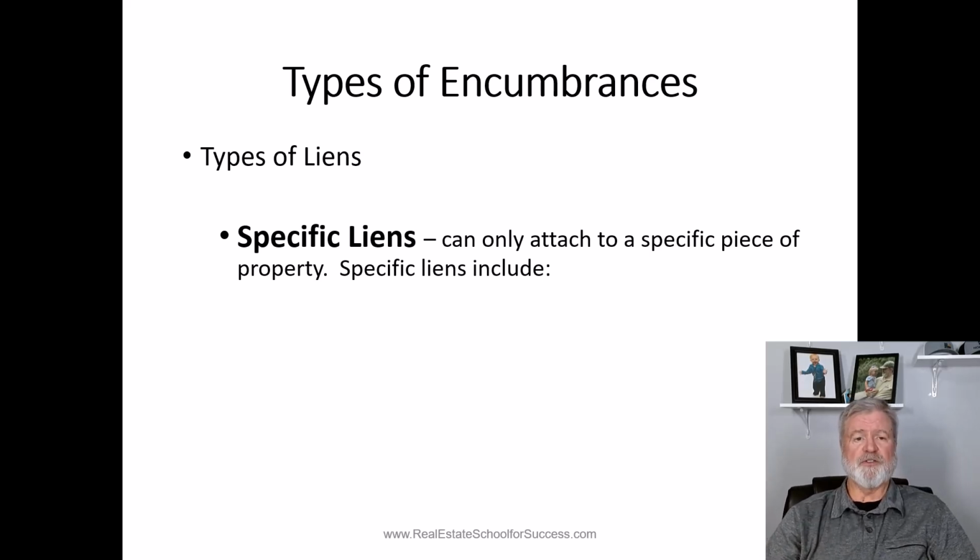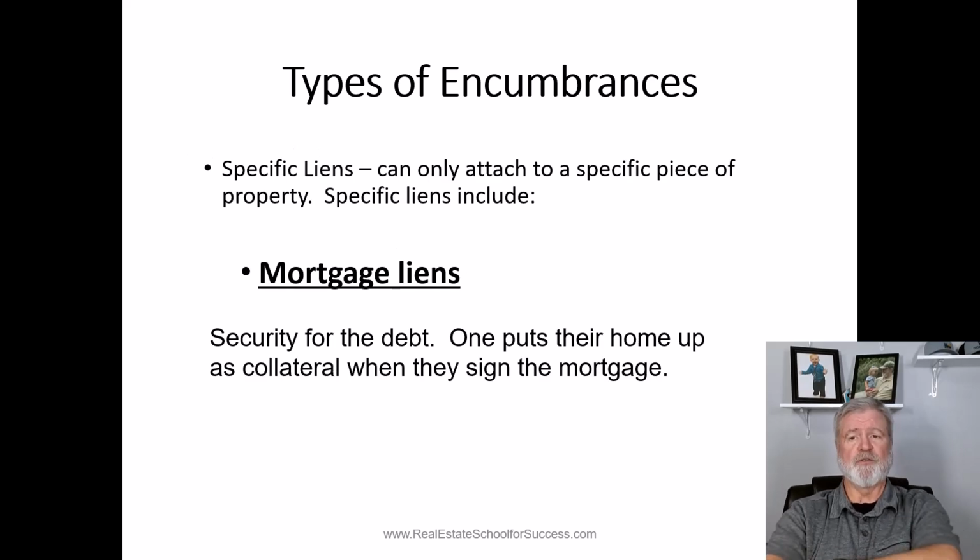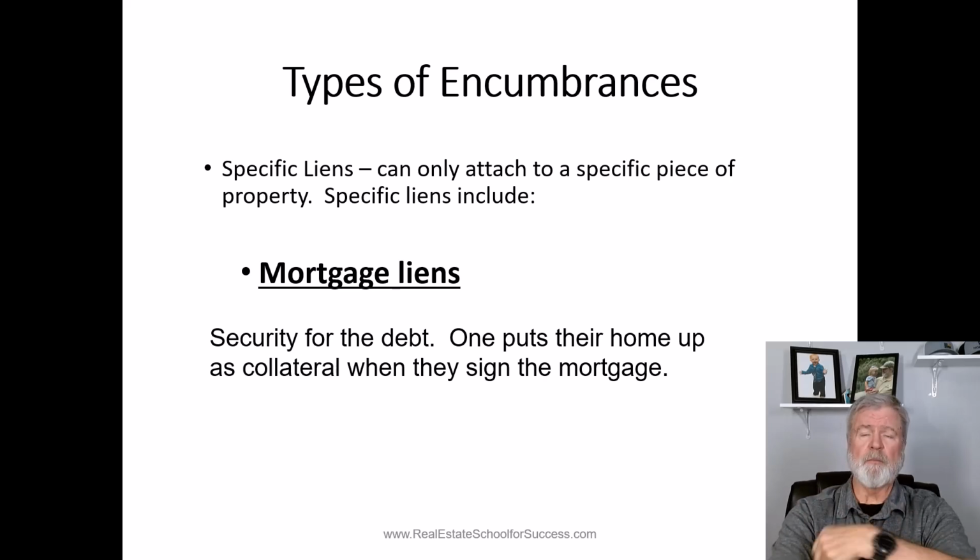So let's look at some examples, and there are several examples of specific liens. And the first one we look at is the mortgage lien, which you're going to obviously see a lot of in the practice of real estate. When someone buys a house, most people have to borrow money from the bank to buy a house. Well, when you borrow money from the bank, the lender's going to file a mortgage lien. Now that's an encumbrance.